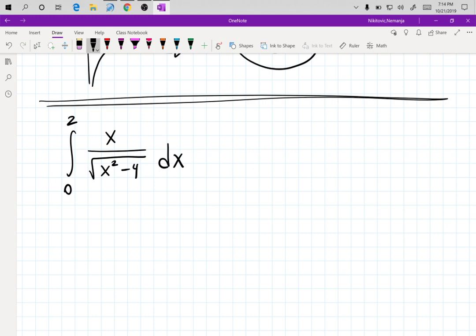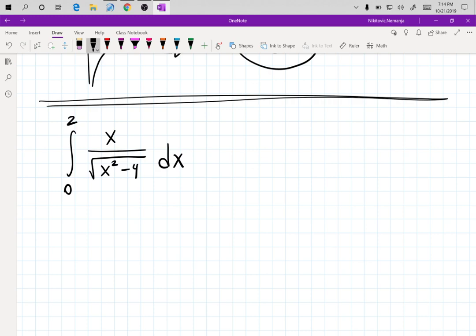So I have negative 1/2 limit as b goes to 2 from the left, and then we have the integral. And now you have the option of switching all of your limits to u, including the one in the limit, or leaving everything as is and then going back to x. So I have du over root u.